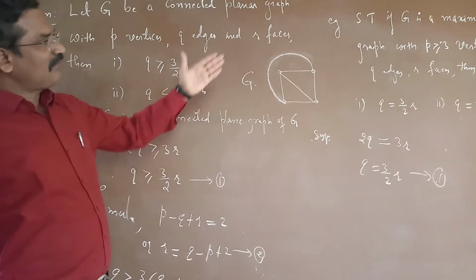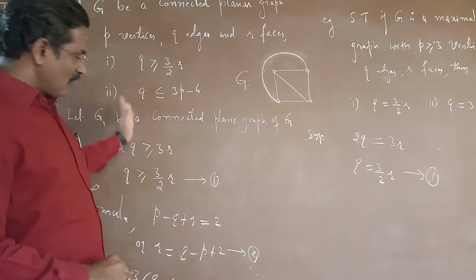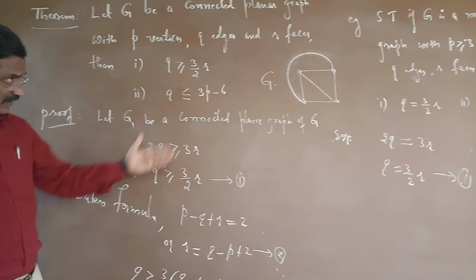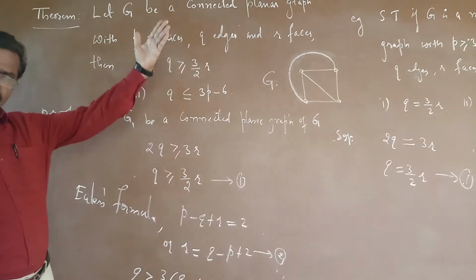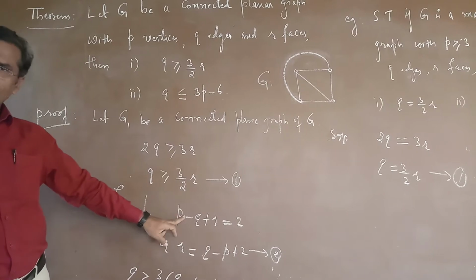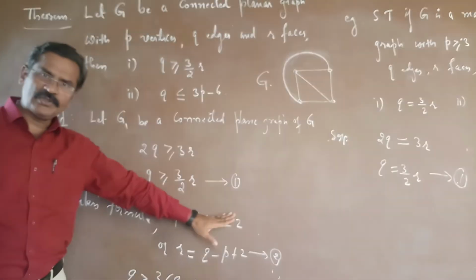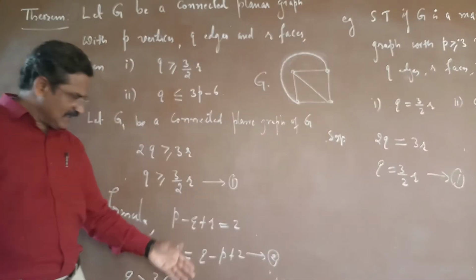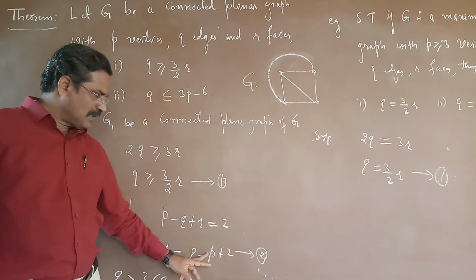Now we will think of the second one. Again, that is a maximal planar graph, which is also a planar graph. It implies it has to satisfy Euler's formula, P minus Q plus R equal to 2. Or you can say R equals Q minus P plus 2.